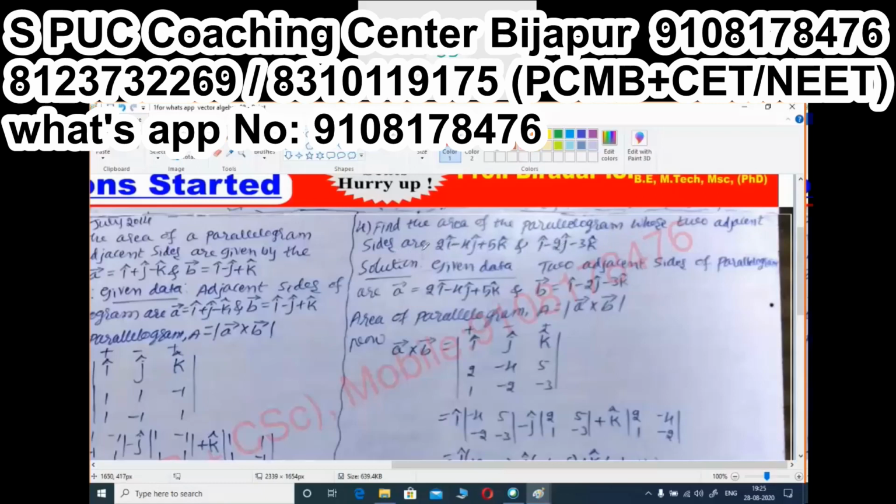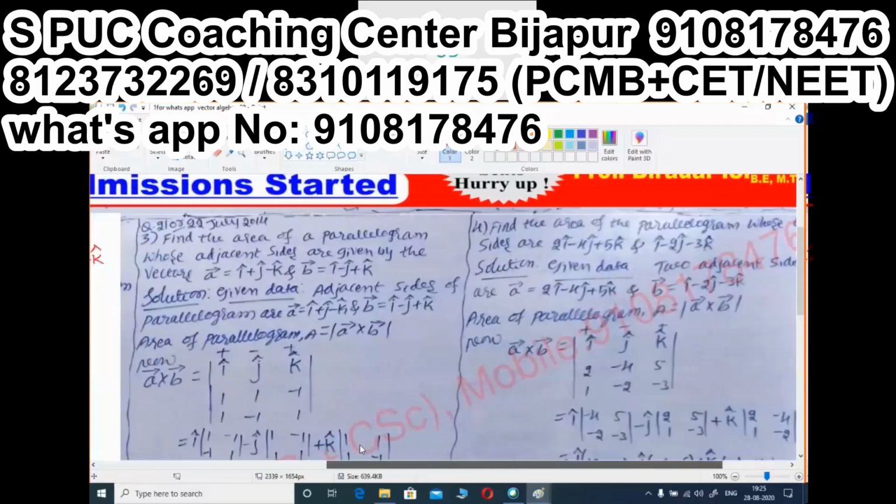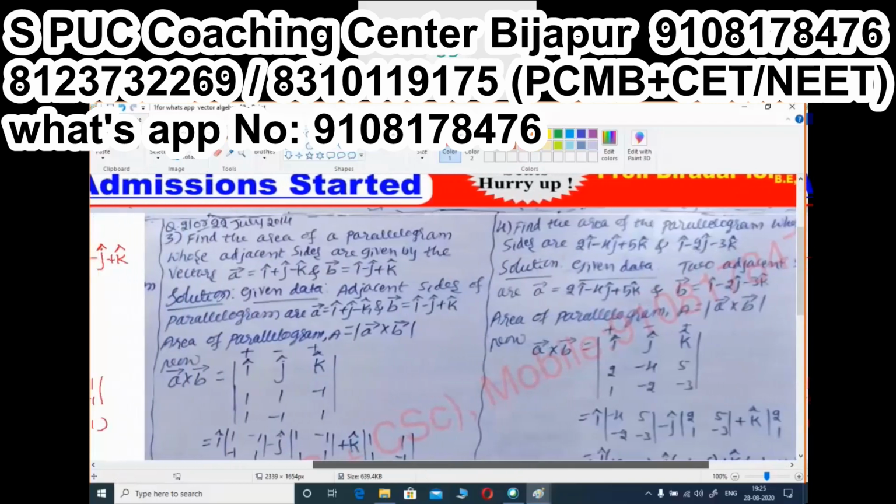So let us take the adjacent sides as 2i cap minus 4j cap plus 5k cap and i cap minus 2j cap minus 3k cap. Whatever he has given, first take it as a vector, and the second one we shall consider as b vector.